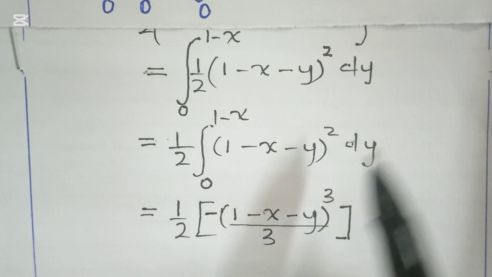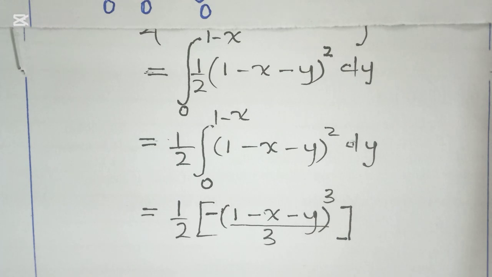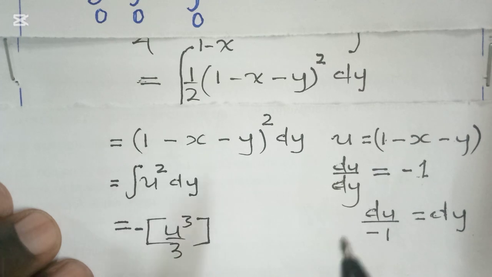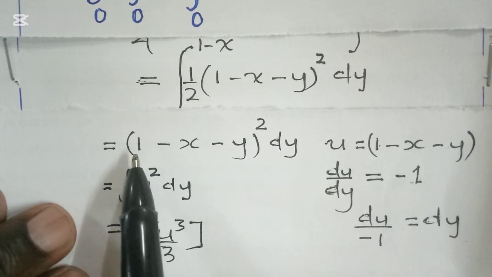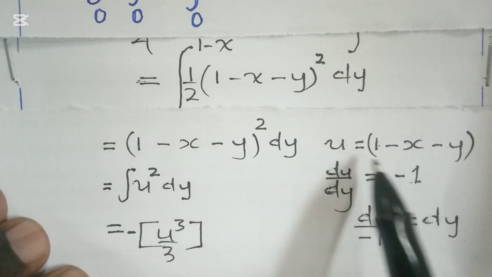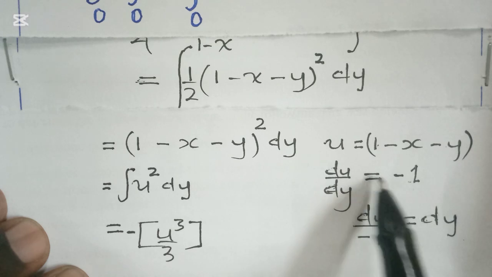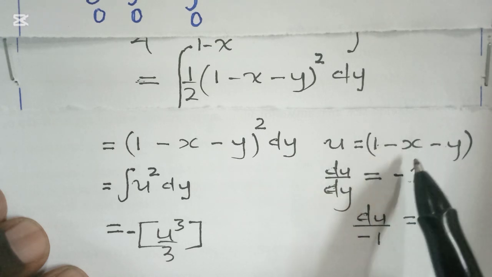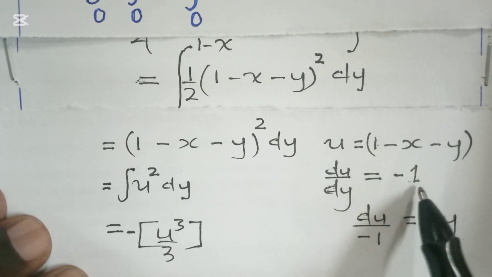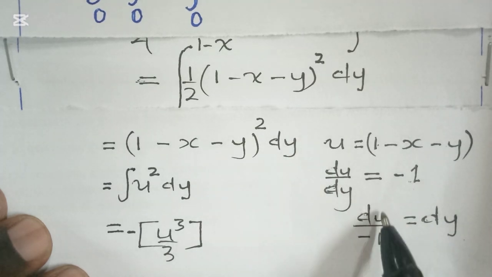If you take 1 minus x minus y as u, the du dy will be -1 because these are constant. And so therefore our dy can be replaced by du all over -1.